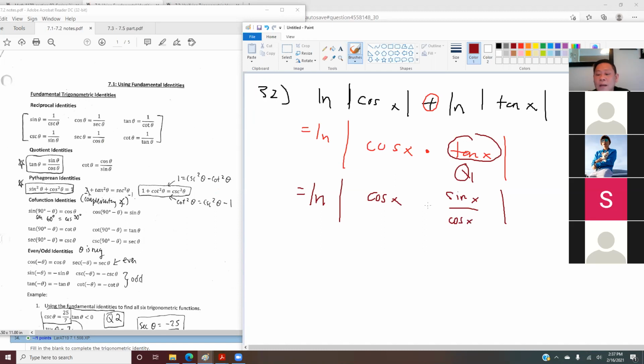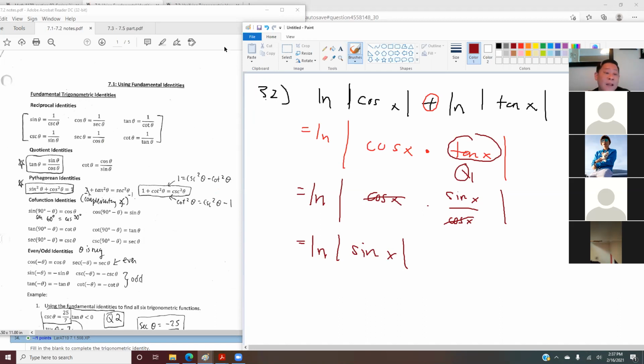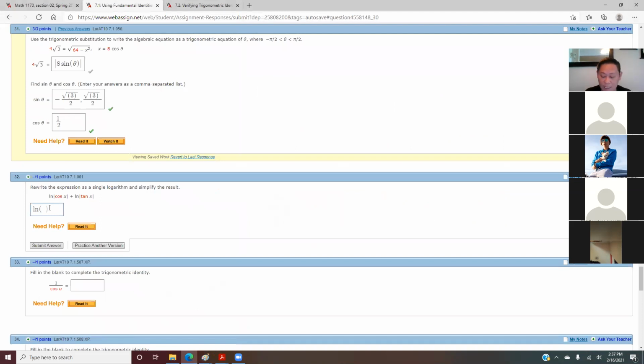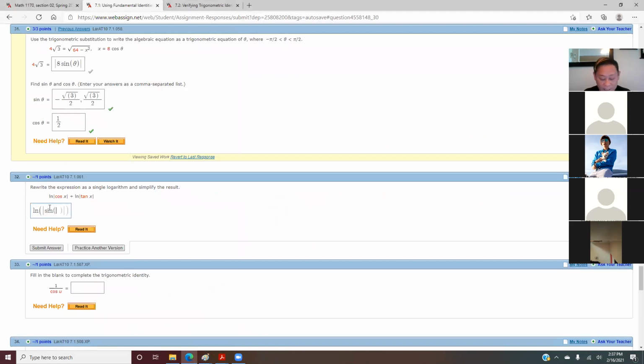And what happens to cosine and cosine? They cancel out. So what you are left with in this case is ln of sine x, and make sure that it is in absolute value. So your answer will be ln absolute value of sine x. Close your parentheses. So this is your answer in this case.